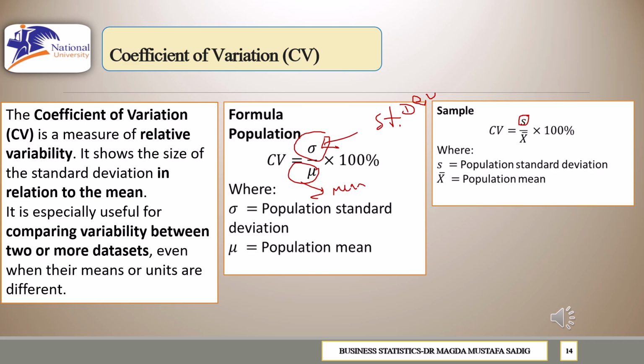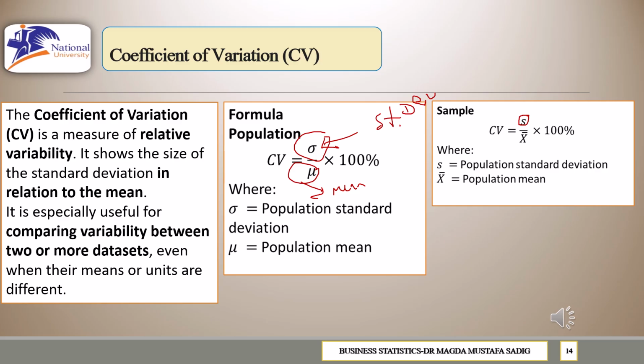So the important purpose of CV is comparison. Suppose one company has mean sales equal to 100, standard deviation equal to 10, another company has 1000 and its standard deviation is 50. Looking only at the standard deviations may be misleading because the companies have very different mean sales.